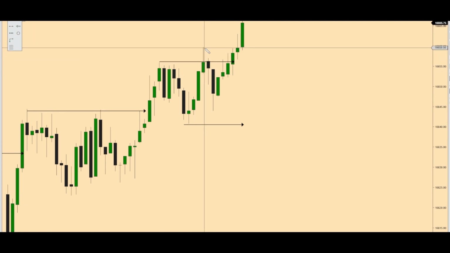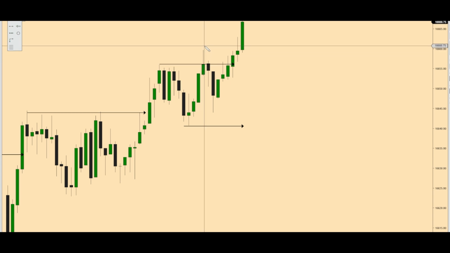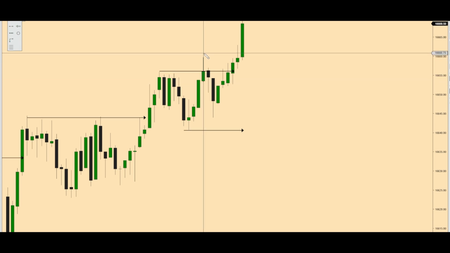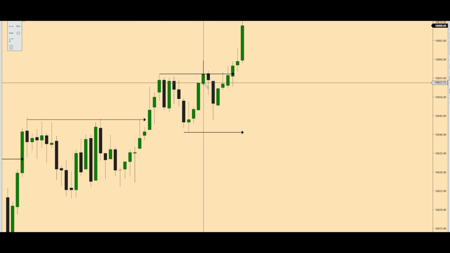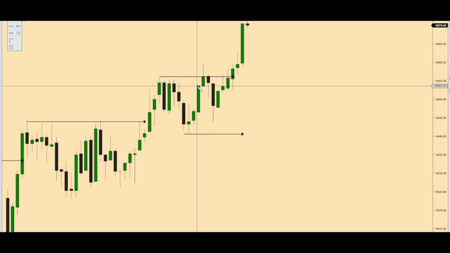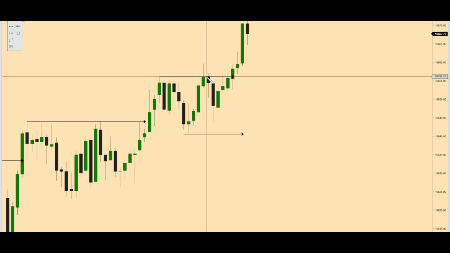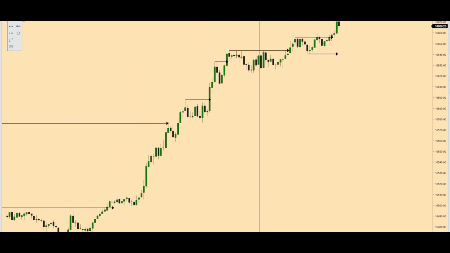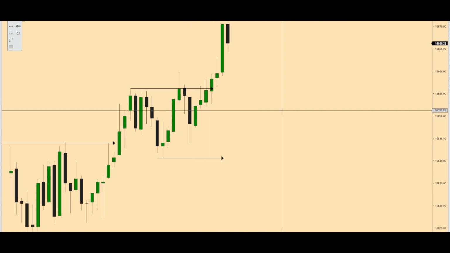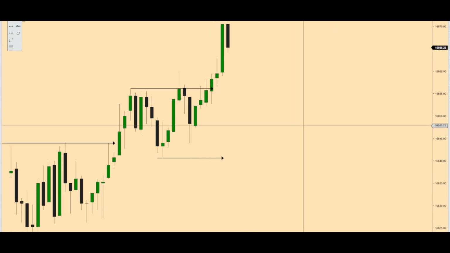I don't really like when SNDRs are created that have a wick through the top of the range. I like for it to completely fail, not even get there, and create an SNDR. So I don't think I'm going to even mark this one out. But we potentially could get a tap into here and go.